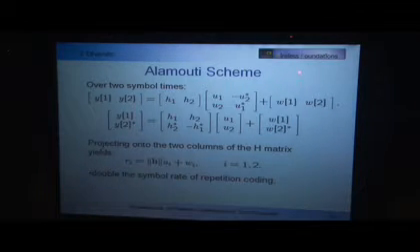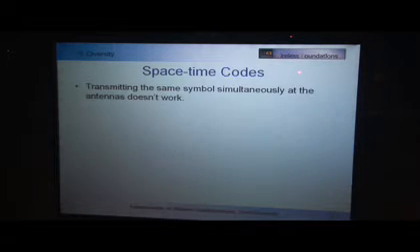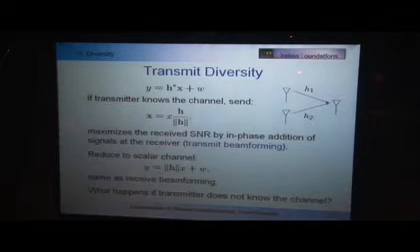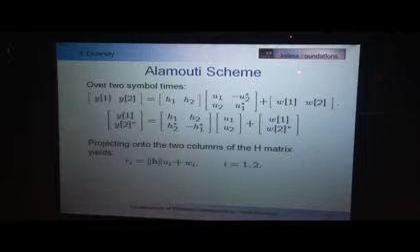The second point is, how do I do compared to transmit beamforming? In transmit beamforming, I seem to get very similar performance. Right? So do I get the same performance? Not exactly. Why? Because remember in the Alamouti scheme, U1, U2 are two separate symbols sent from each of the transmit antennas.